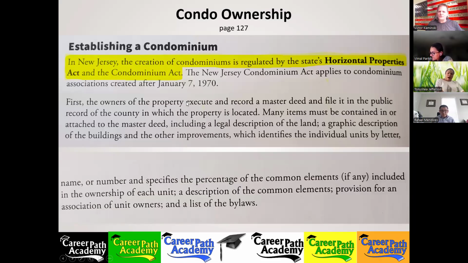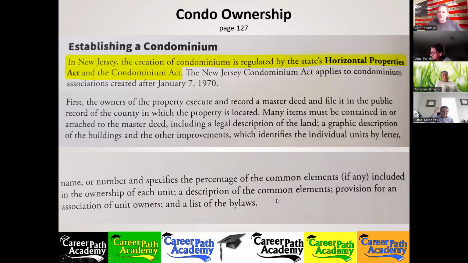So the first owners of the property execute and record a master deed, and they file it in the public record of the county where the property is located. Many items must be contained in or attached to that master deed, including a legal description of the land, a graphic description of the buildings and other improvements, which identifies the units by letter, name, or number, and specifies a percentage of the common elements, if any, that are included in the ownership of each unit.